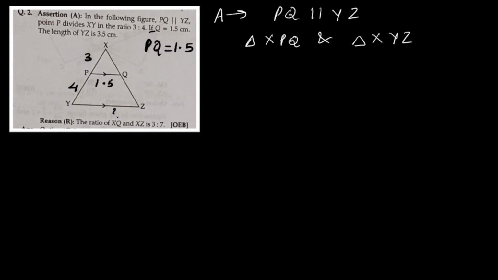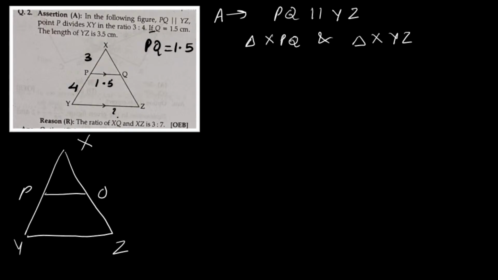Whenever I have a triangle XYZ, in this triangle there is one line PQ over here and PQ is parallel to YZ.